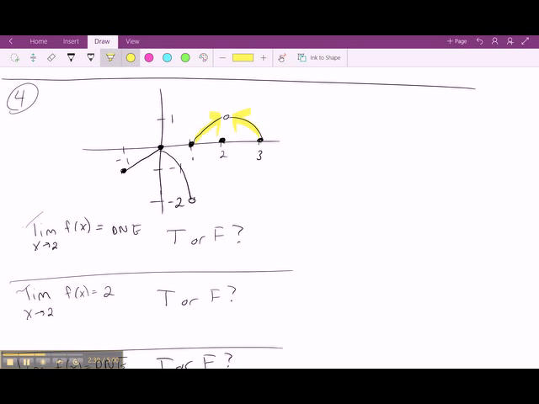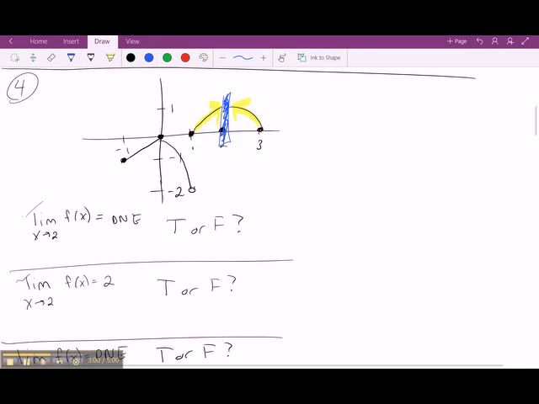So you can cover that section up because what actually happens here is insignificant. What is significant when you're looking at a limit is the path. So these two paths look to me like they're both approaching 1, so a y value of 1. So I would say that it does exist.